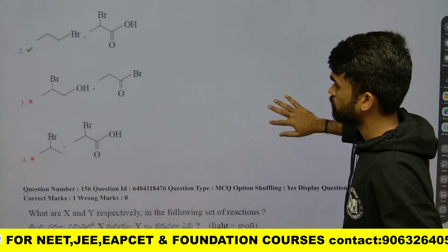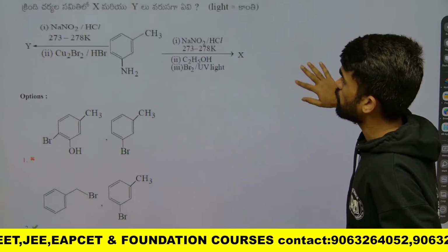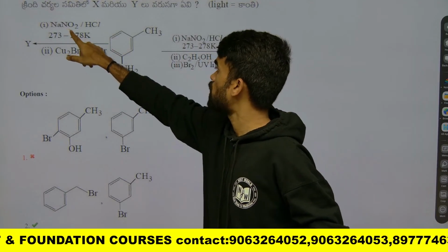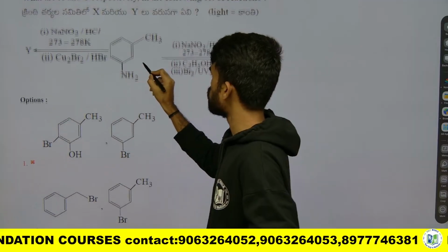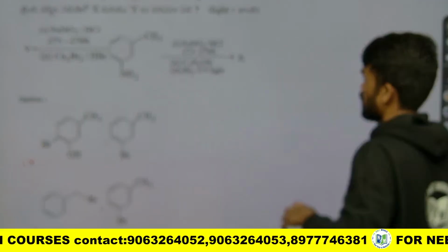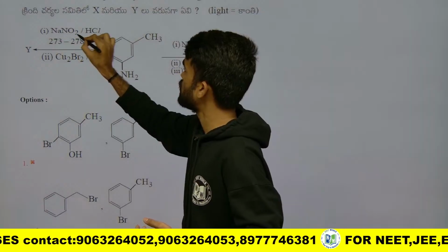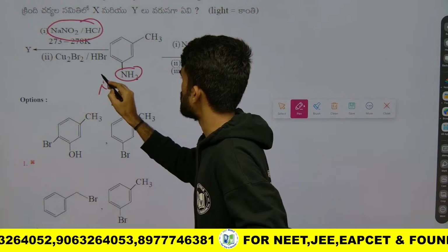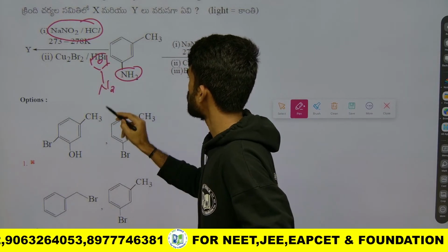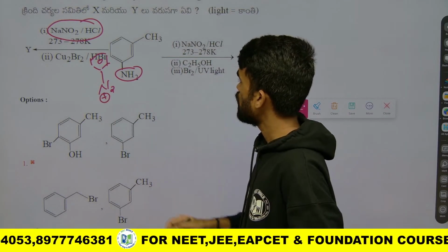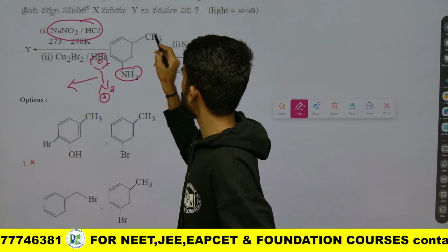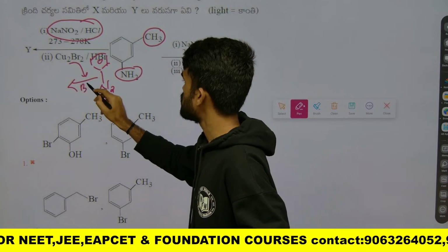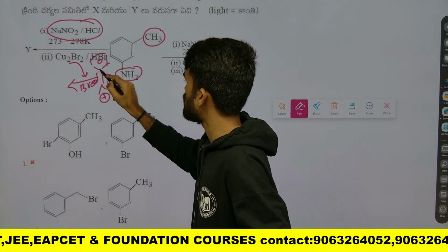Then next, look into it. We have an amine group, NH2, and NaNO2. This NH2 group is converted by diazotization into an N2 group, while the benzene remains as it is, and the methyl group remains undisturbed. Now we treat with Br2: just remove the N2 and replace it with Br.